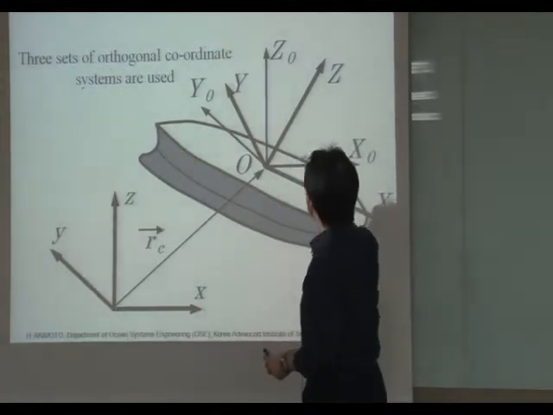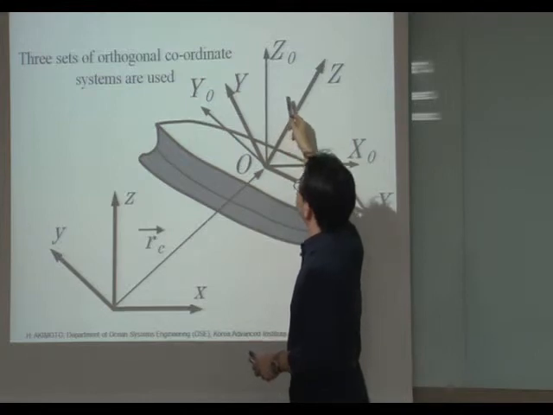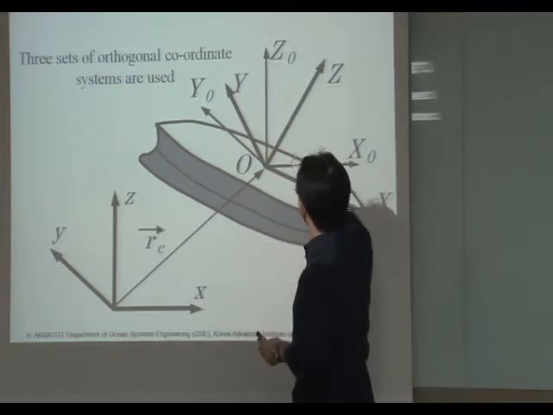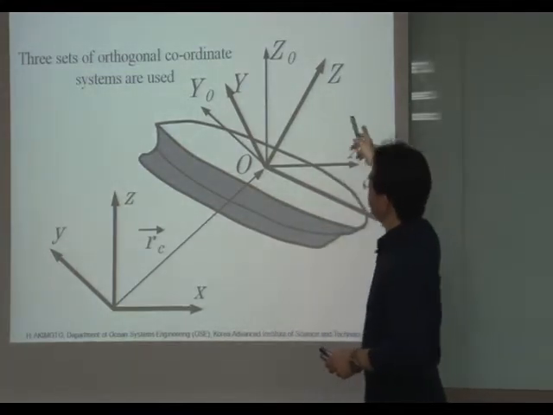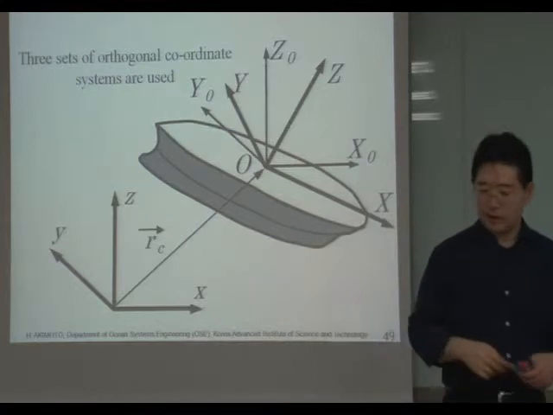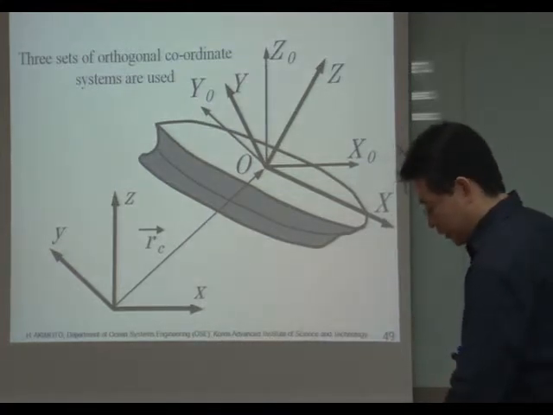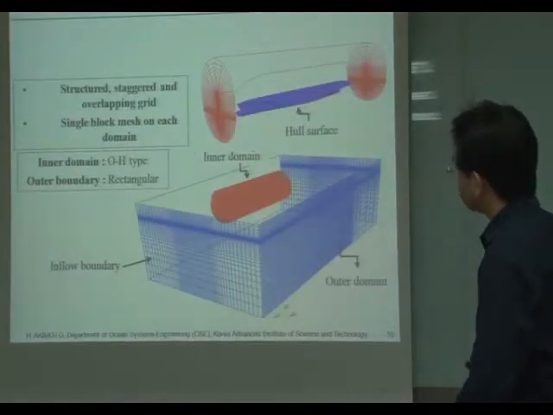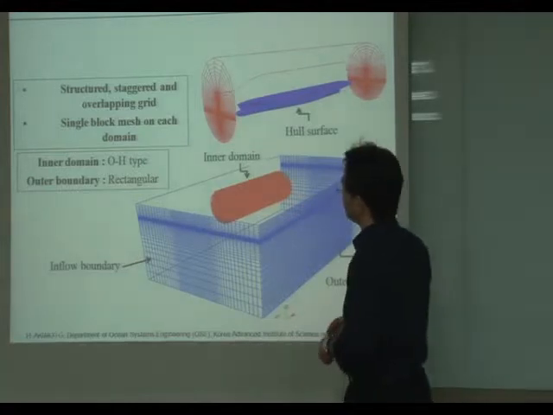In this case, x0, y0, z0 is not rotating. Rotating one is x, y, z in this case. This transformation of rotation is common. It is one example of treatment of three-dimensional simulation.